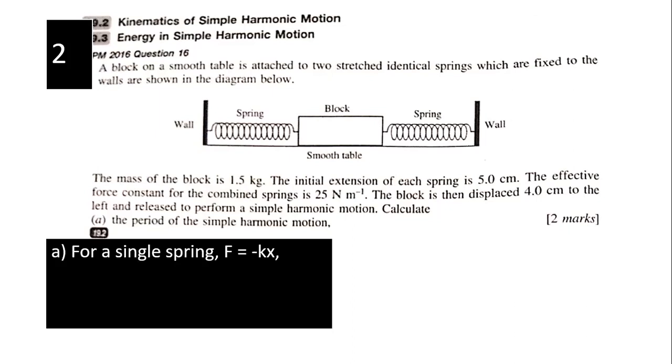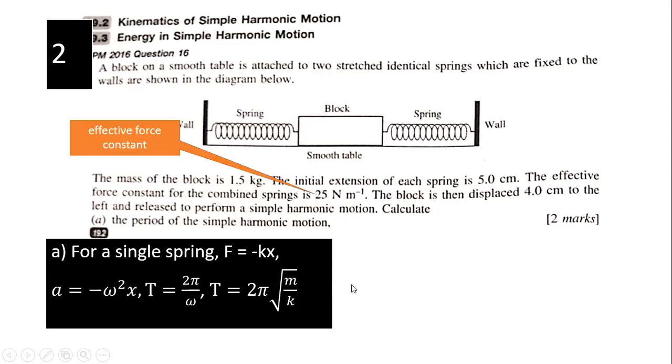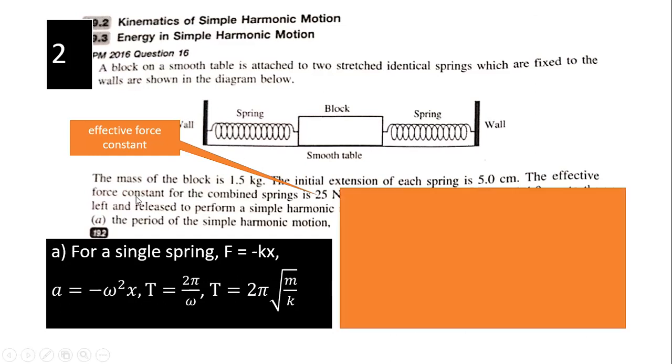That's all. For a single spring, F equals minus kx. That's the acceleration, that's your period. So the period for a single spring is 2 pi root m over k. For that equation, you must know. And you are told this is effective, not one spring. That means the two springs combined together. I think that's where your answer went wrong. So I put a different color.